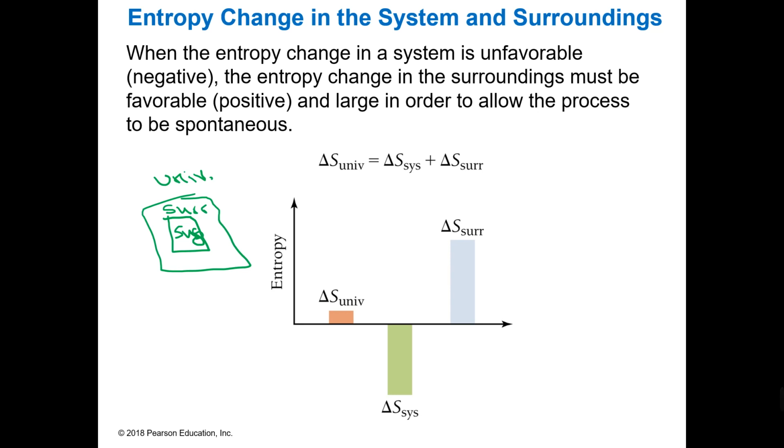So we can really define our system and surroundings however we want. But when we're looking for favorable surroundings, we want to define our system in a way that makes the entropy change a favorable or positive entropy change.